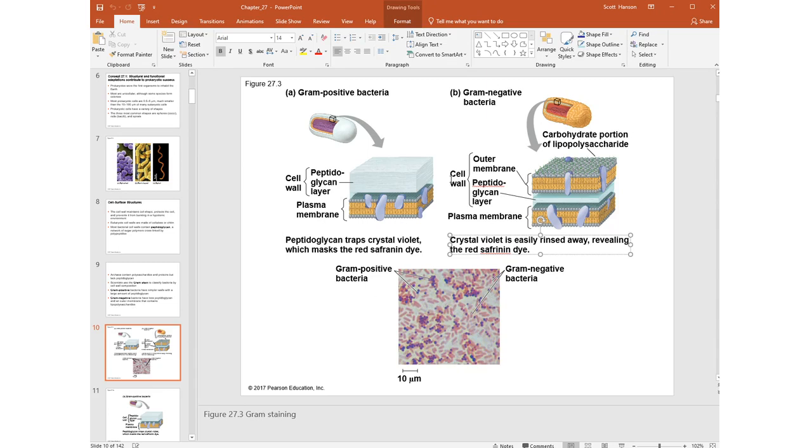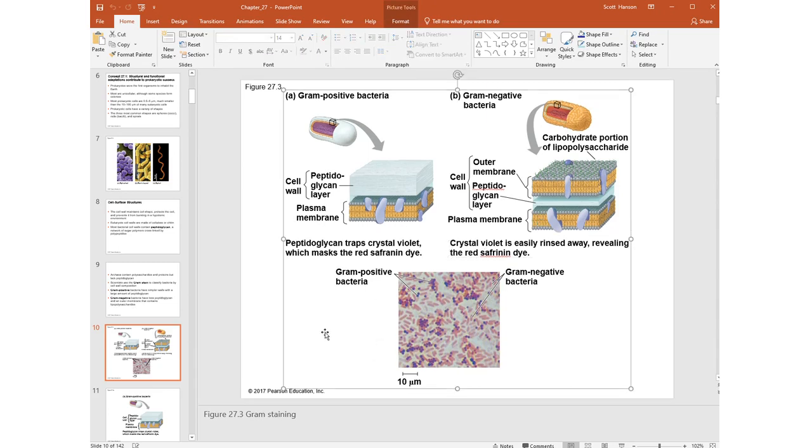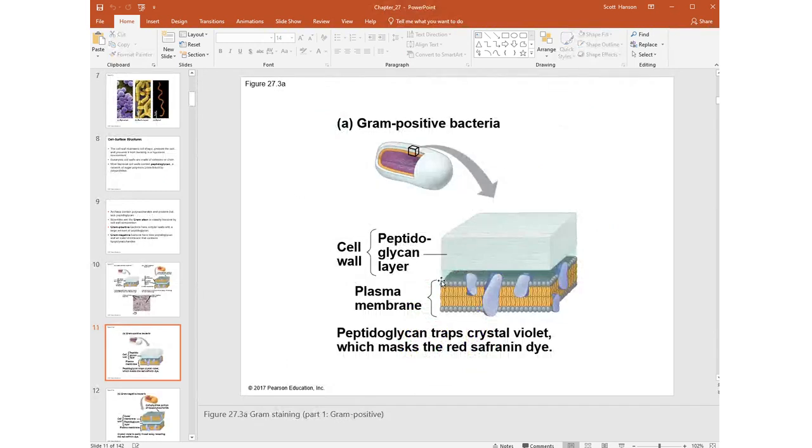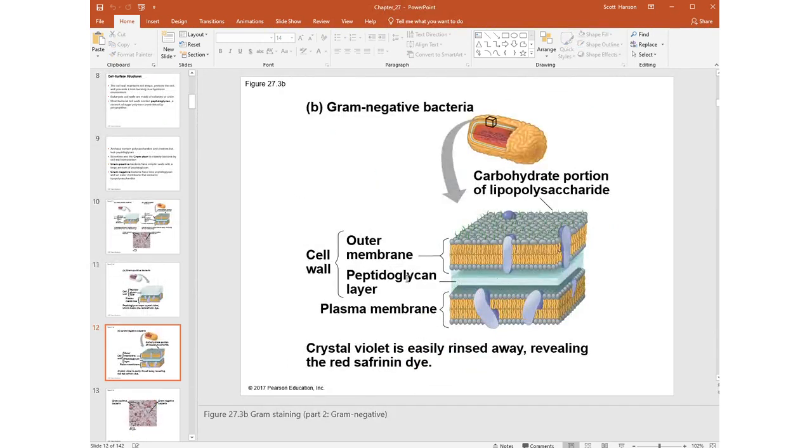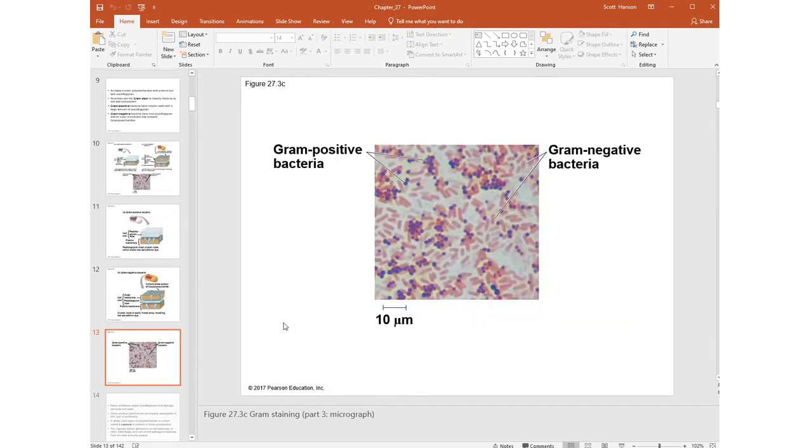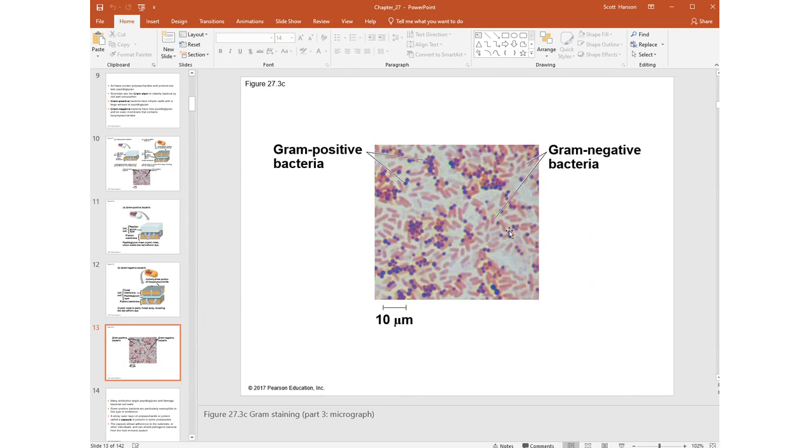So that's gram-positive and gram-negative. And here you see a close-up of the gram-positive bacteria and a close-up of the gram-negative bacteria. Really nice drawings and diagrams, and a good close-up view of the slide showing that.